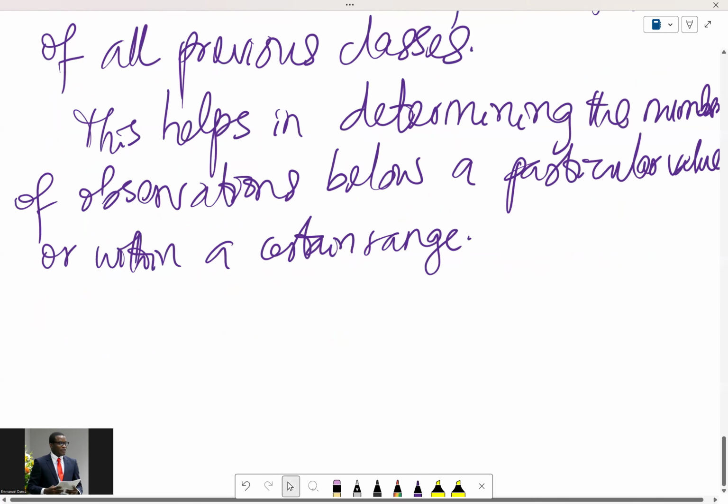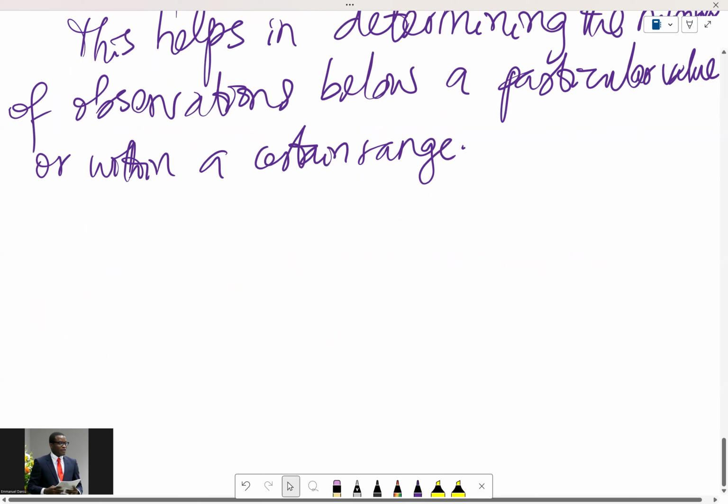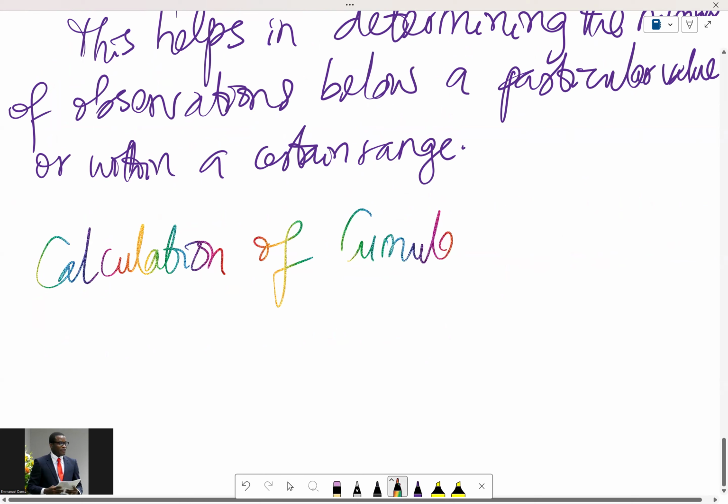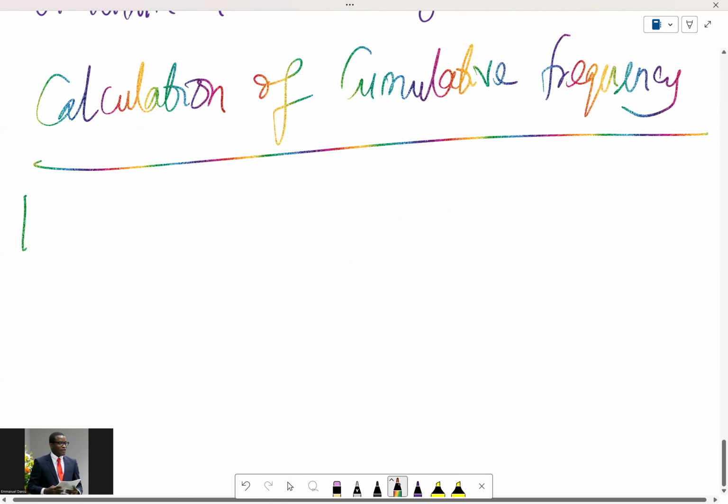Okay. So let's take examples. Talking about calculation, it's not a big deal, just summing things up, right? Calculation of cumulative frequency, just summing things up, a running total, like we've said already. So let's do it for ungrouped data, as usual.